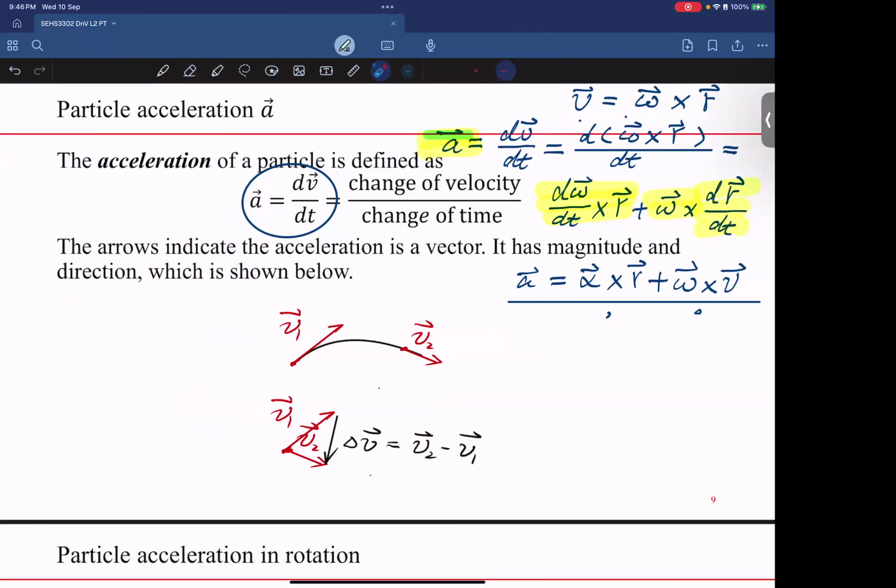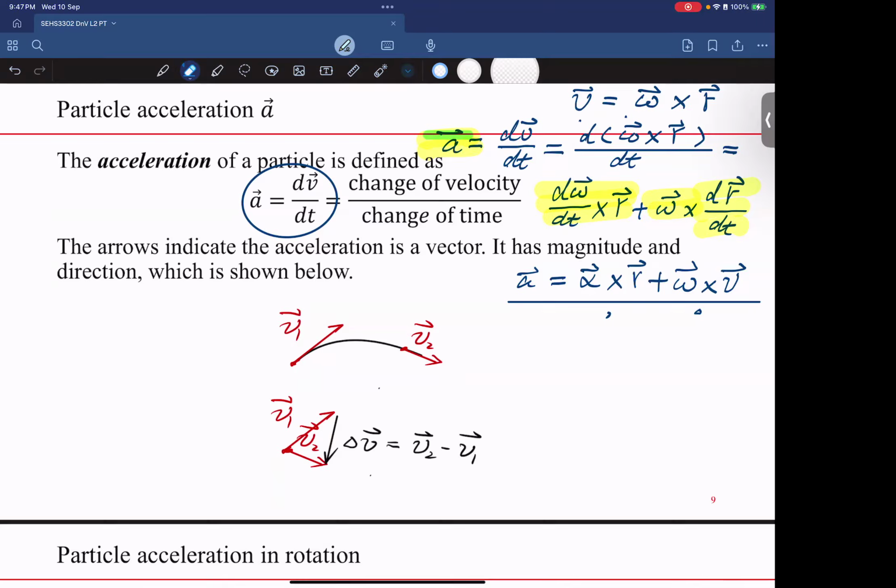That means even if there is just a direction change and no magnitude change, say you drive a car at constant speed but turn to the left, you still cause a change of velocity.